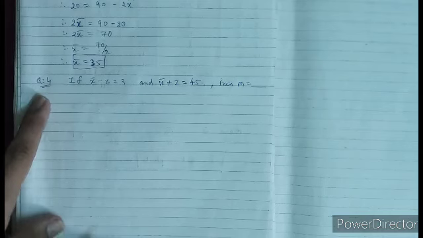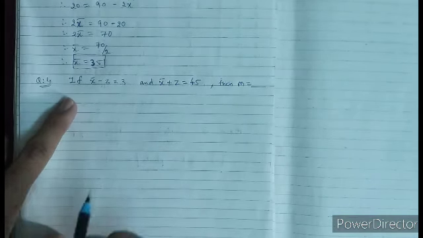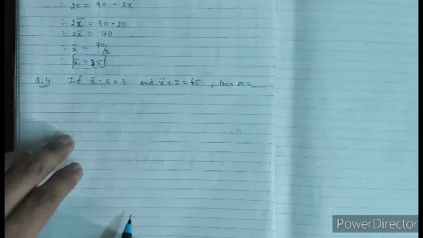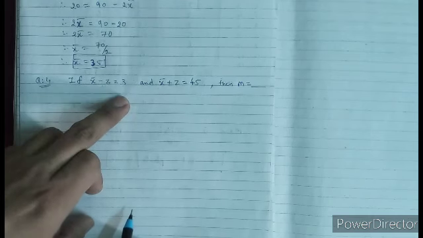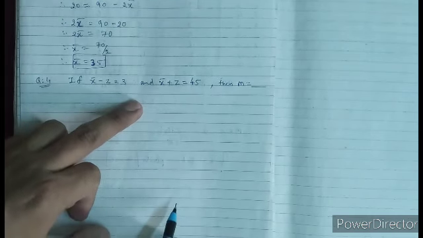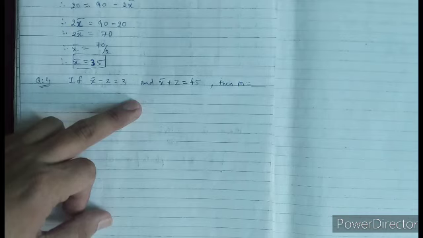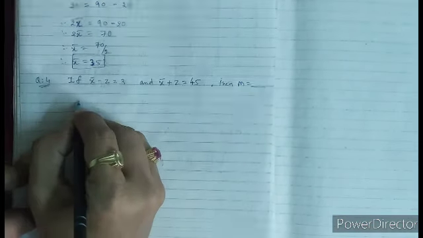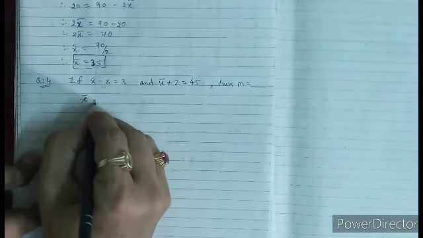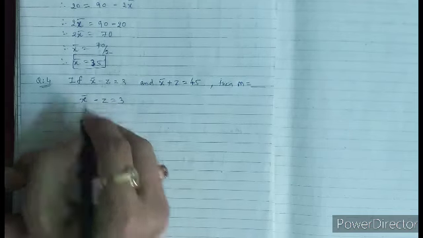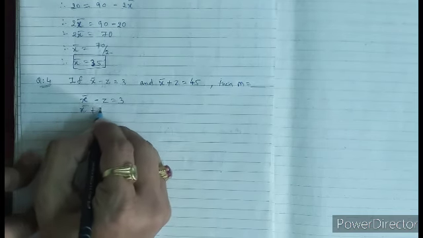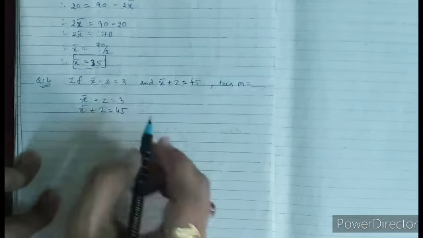Now the next question is question number 4. In this question the data is given that if x bar minus z equals 3 and x bar plus z equals 45, we have to find m. To solve this we can write x bar minus z equals 3 and x bar plus z equals 45.